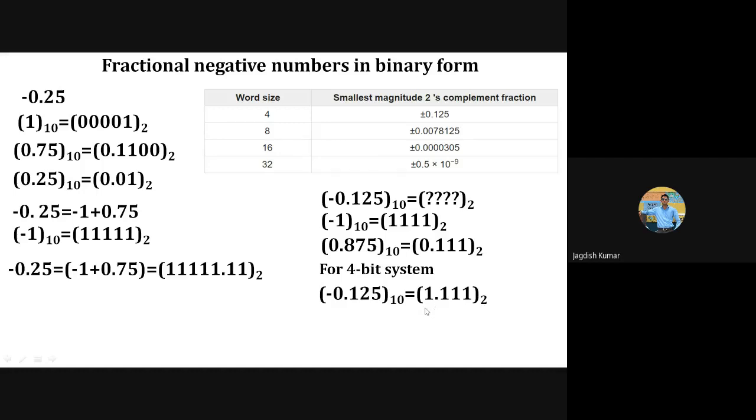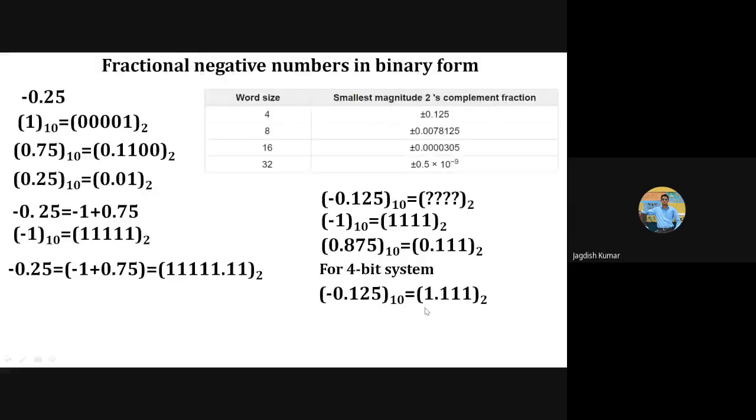And how to represent 0.125 in 2's complement representation? That will be, no, that will be 0.001, because that is 1 by 8, correct?